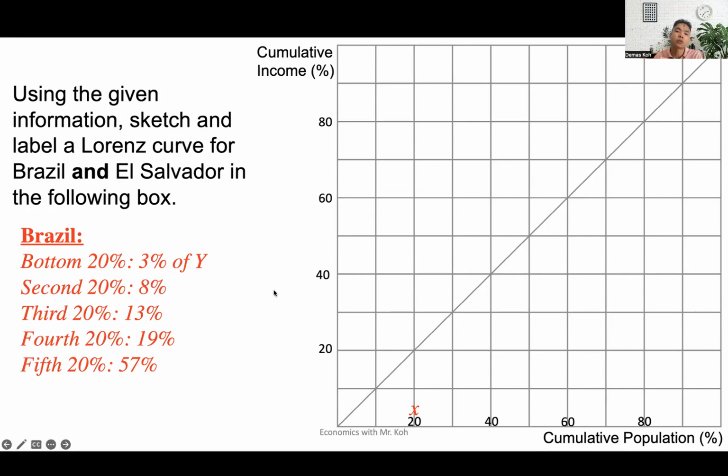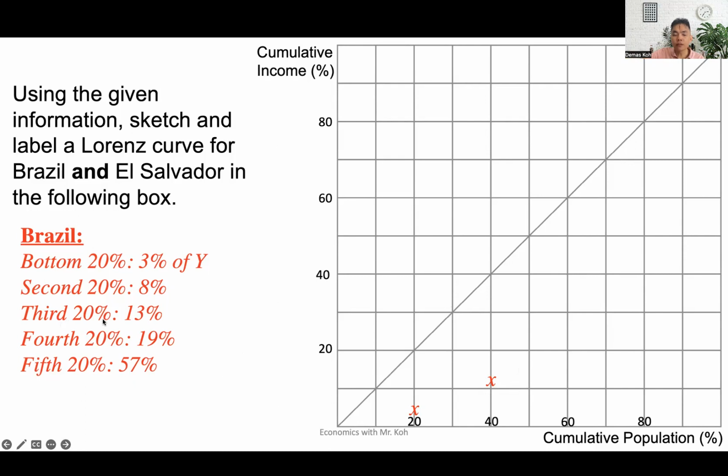And that needs to be added together with the 3% earlier to make 11%. So that means the first 40%, first quintile plus second quintile of the population, possesses 11% of total income. And you can see my second cross as indicated on the box.